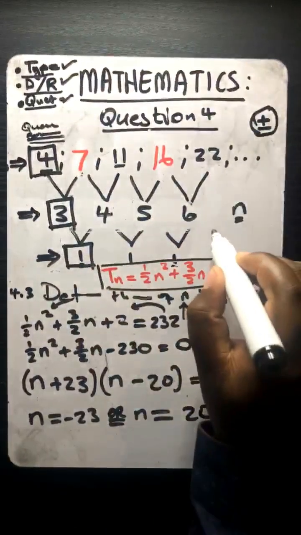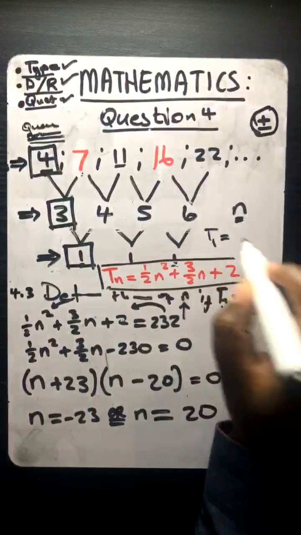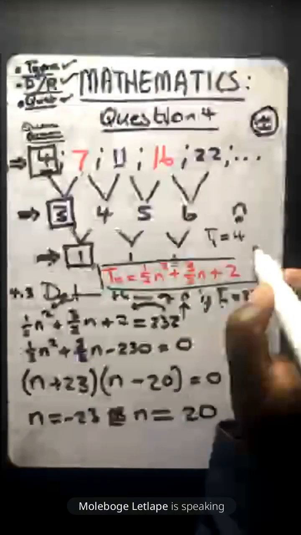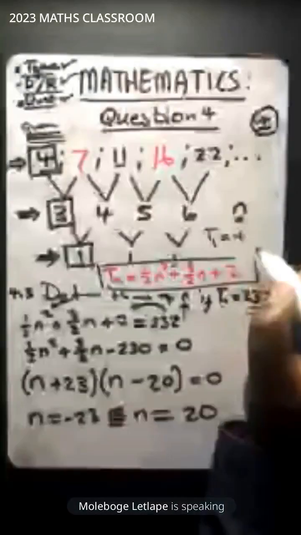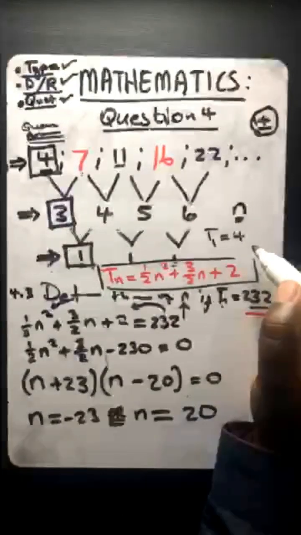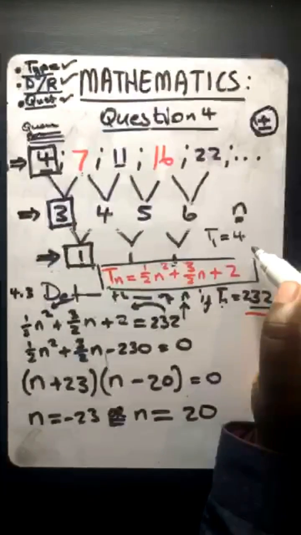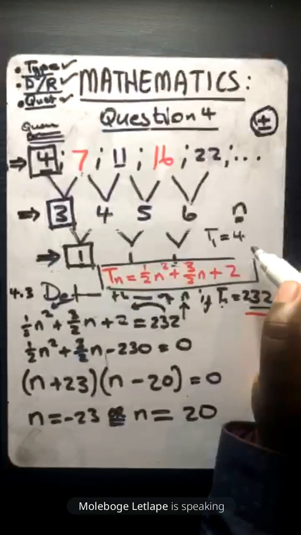What is term number 1? Term number 1 is 4. Term number 2 is 7. Term number 3, 11. Term number 4, 16. Term number 5, 22. Yes.